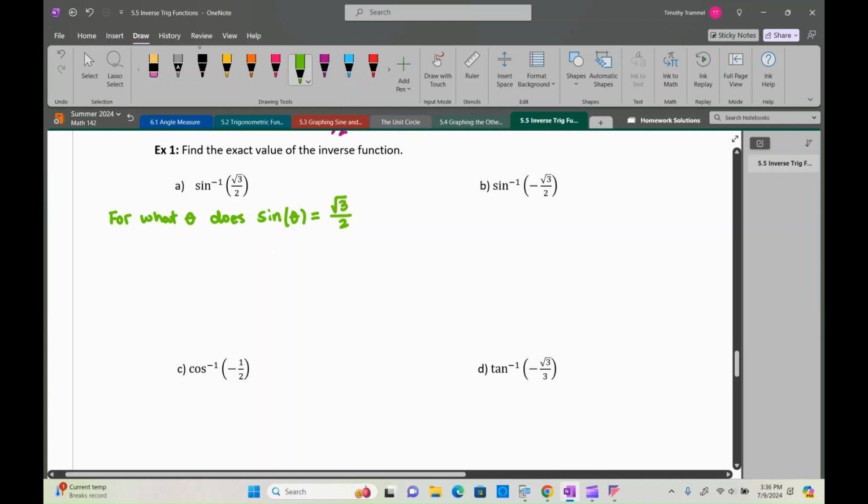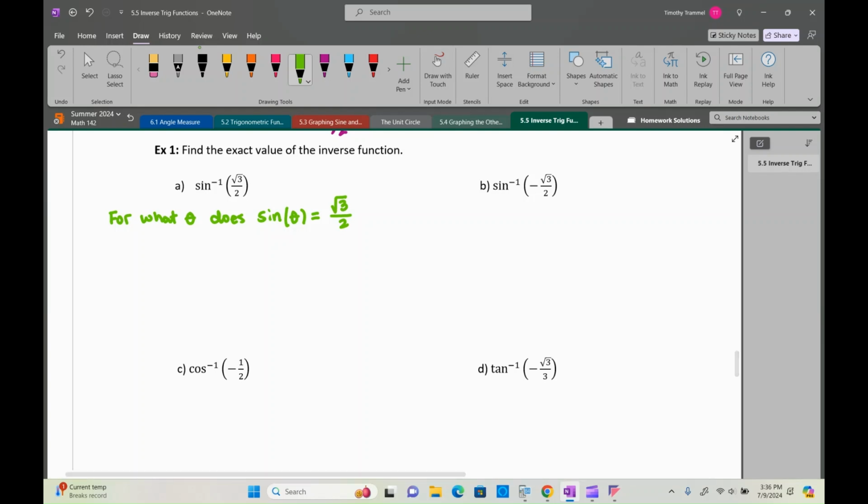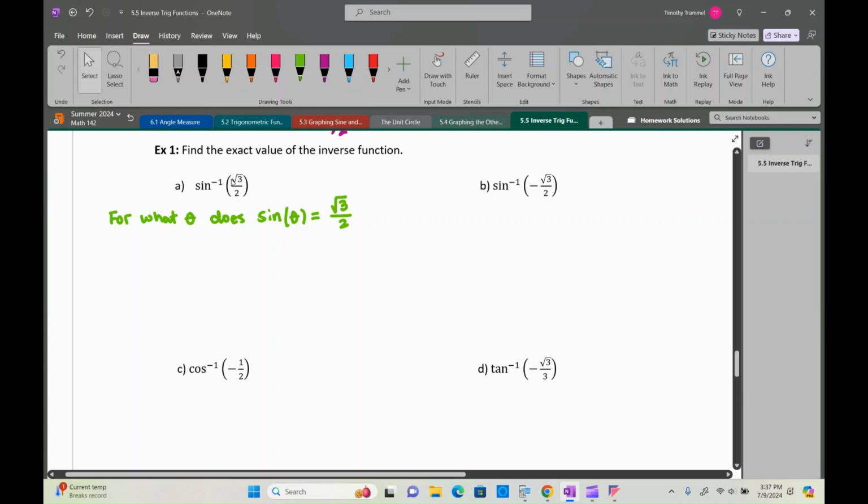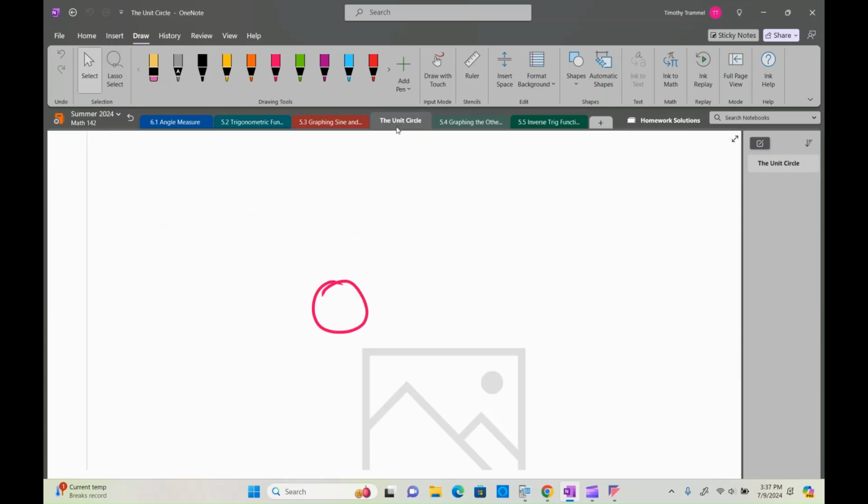Now, if we weren't working with the inverse function here, there would actually be an infinite number of answers. Remember though, we are working with an inverse trig function here. This sine inverse can only give us angles between minus pi over 2 and pi over 2. So we're going to try to find the square root of 3 over 2 on our unit circle.